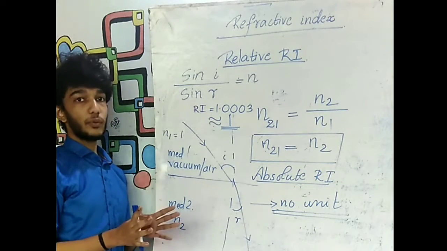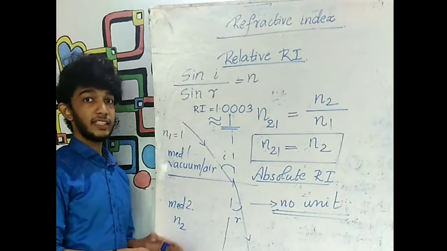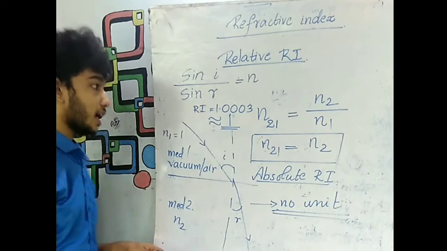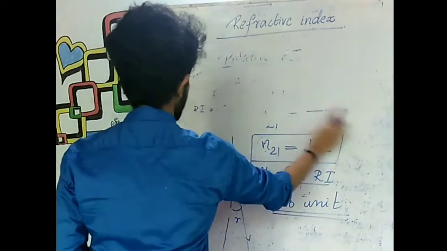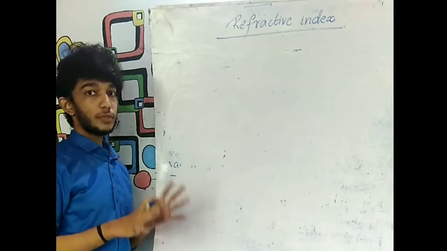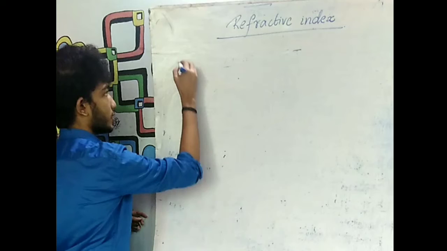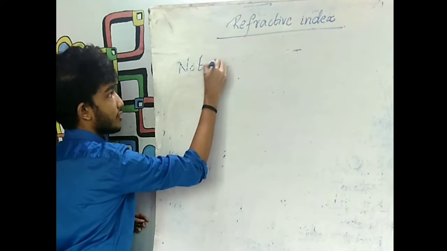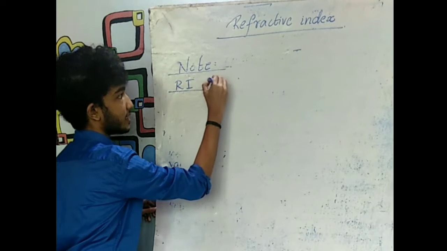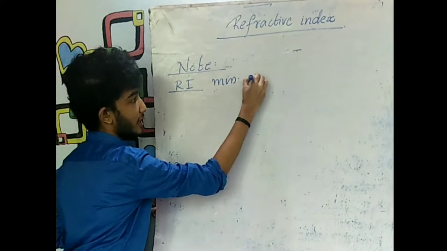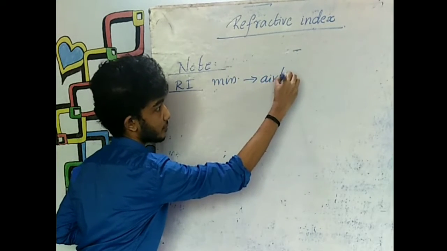Now, let us learn an equation that connects the refractive index with the speed of light. How to relate the refractive index with the speed of light? Before that, let us discuss one note. The refractive index is minimum for air or vacuum.